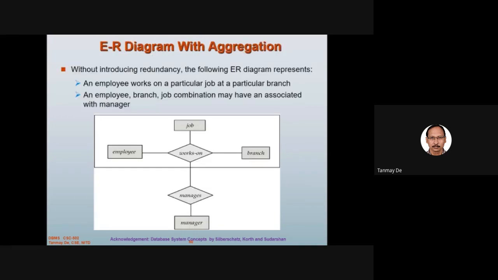That is, the work on relationship, employee, job and branch, can be treated as an aggregation, and this is called, say, the work on entity set. This is one of the entity sets, and this is another entity set, manager. So both entity sets are associated by the manages relationship set. Okay.